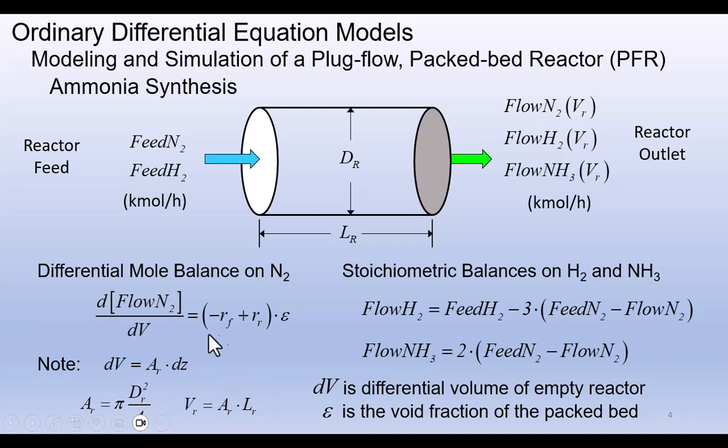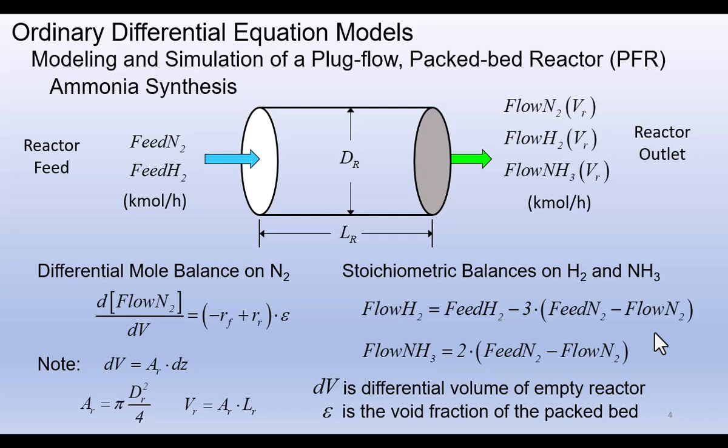And then once we have this differential relationship, we don't need to write differential relationships for the hydrogen or ammonia, because they are available from reaction stoichiometry as shown in these two equations here. So this gives us essentially a fairly simple material balance for the reactor.